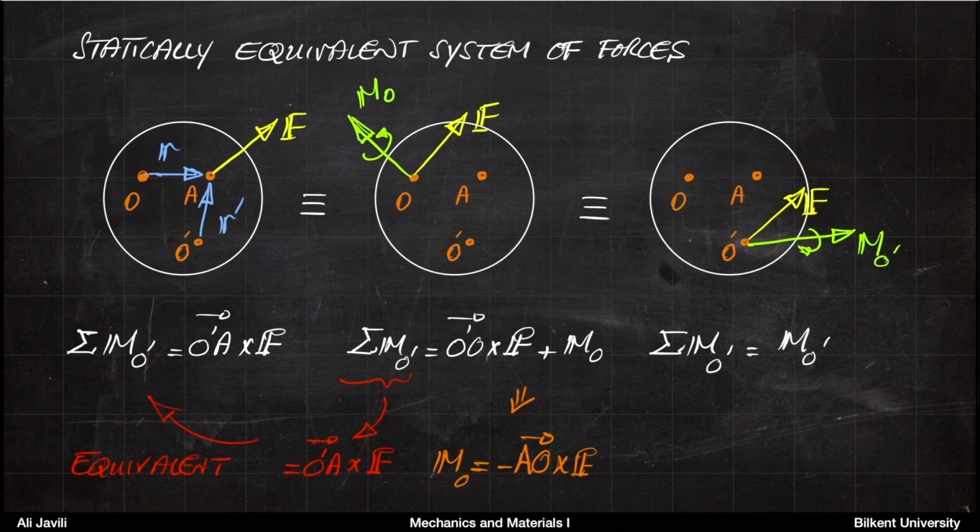So the only moment that you get with respect to O prime, the resultant moment, would be just MO prime itself. And in order to make sure that these two systems are equivalent, that must be equal to O prime A times F, which you can also write as minus AO prime times F. And then again, this is exactly what we had from the previous analysis.